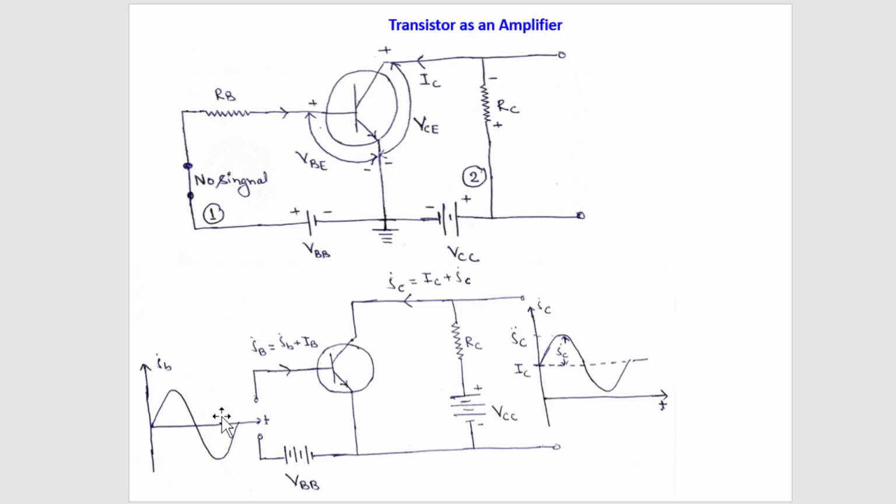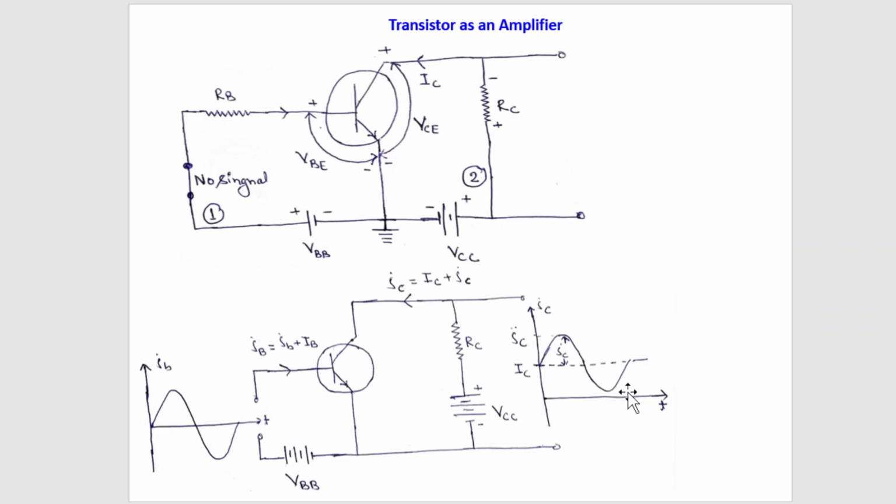And when we applied the input AC signal, this small i small c is superimposed on capital I capital C, giving small i capital C. So you see we are getting the amplified signal, that is small i capital C equal to capital I capital C plus small i small c.